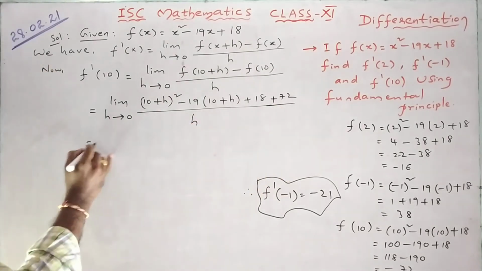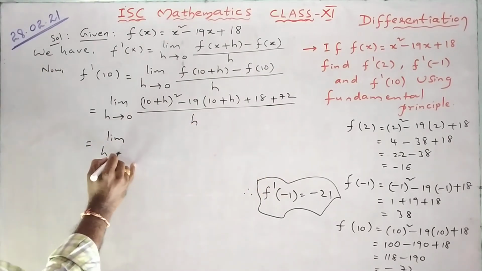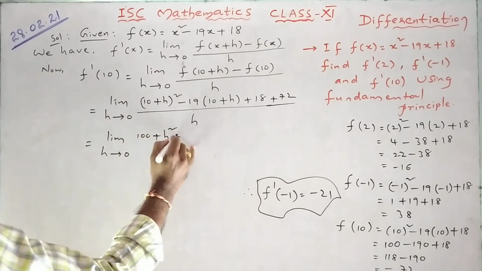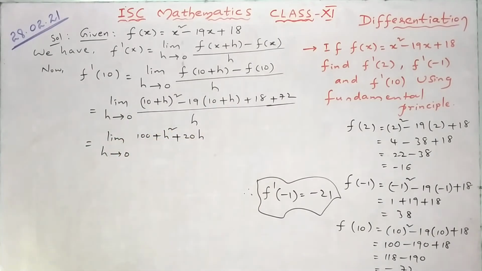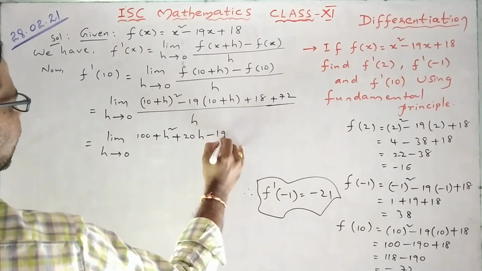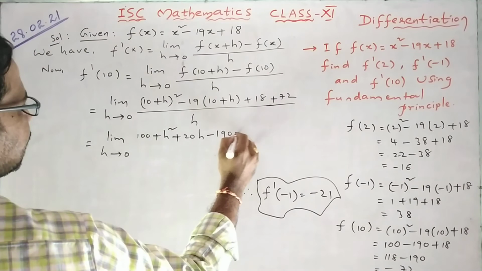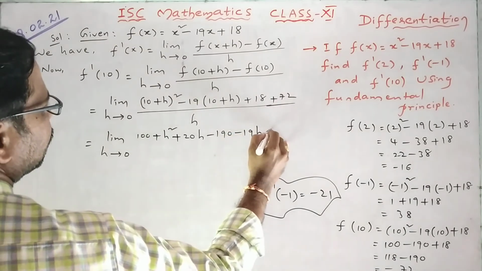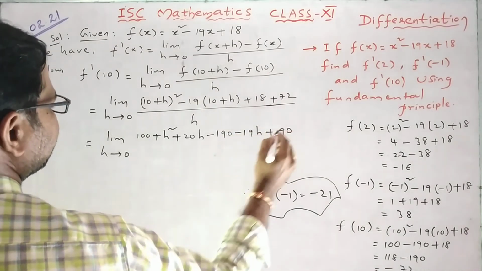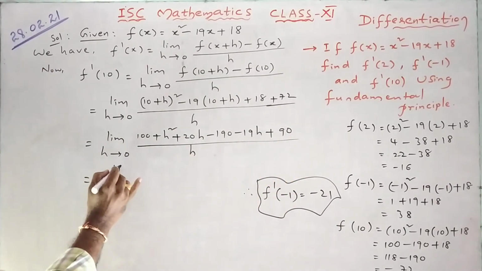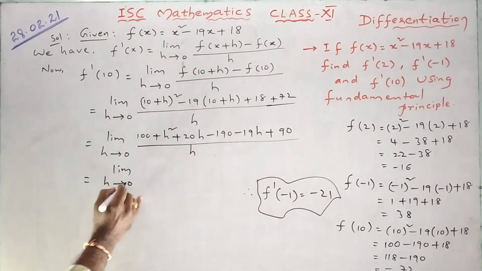upon h. So limit h tending to 0, 100 plus h square, 2 tens are 20h minus 190, right, minus 19h plus 90 by h. Limit h tending to 0.